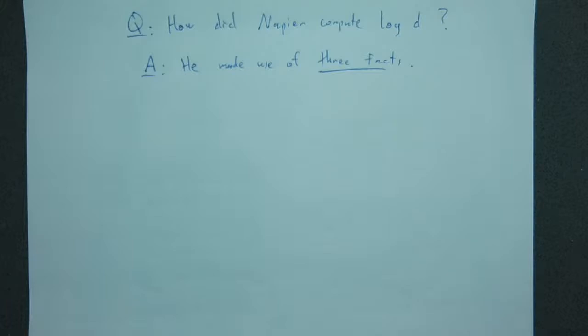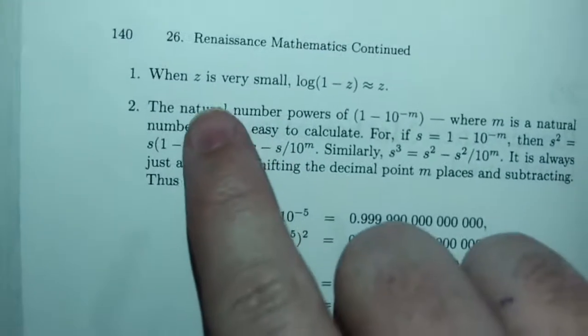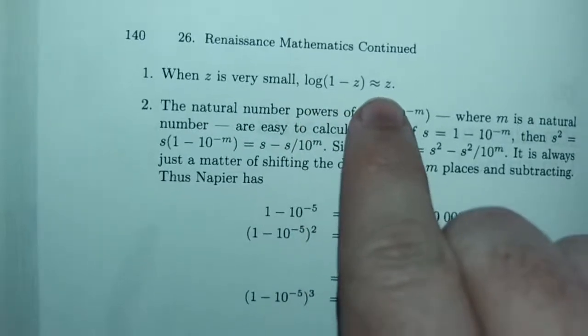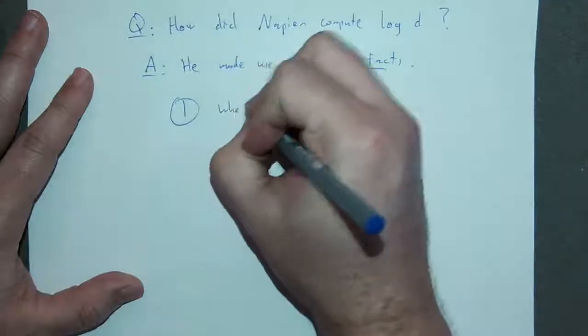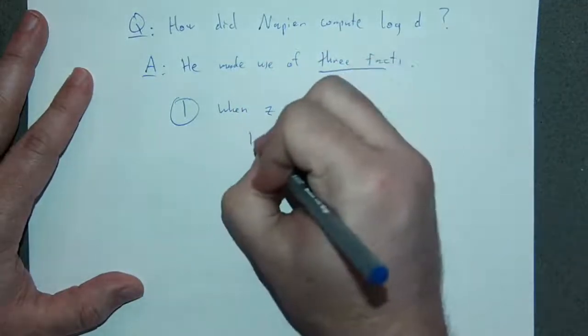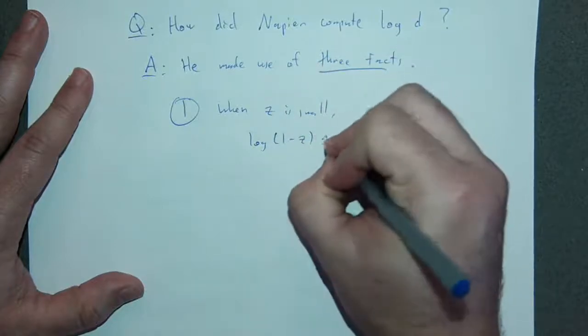So here are the 3 facts. The first one is when z is very small, log of 1 minus z is approximately z. I'm going to write that one down because that's fairly short. So first fact, when z is small, the log of 1 minus z is approximately z.